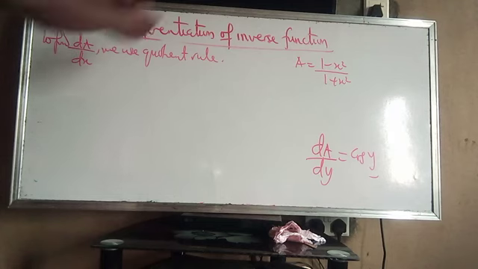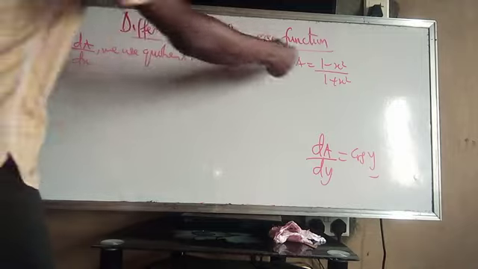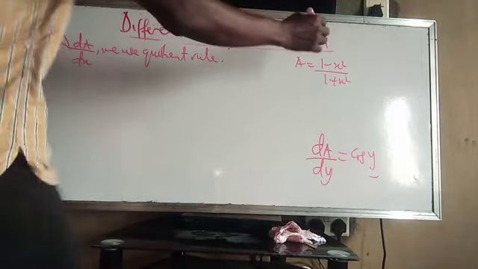Beautiful. So now I want to differentiate A with respect to x using the quotient rule. So the numerator will be u, this will be v.